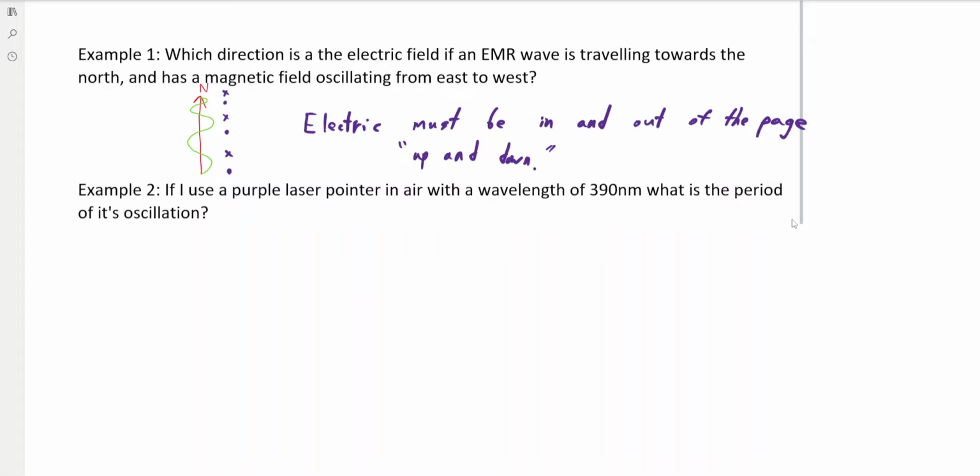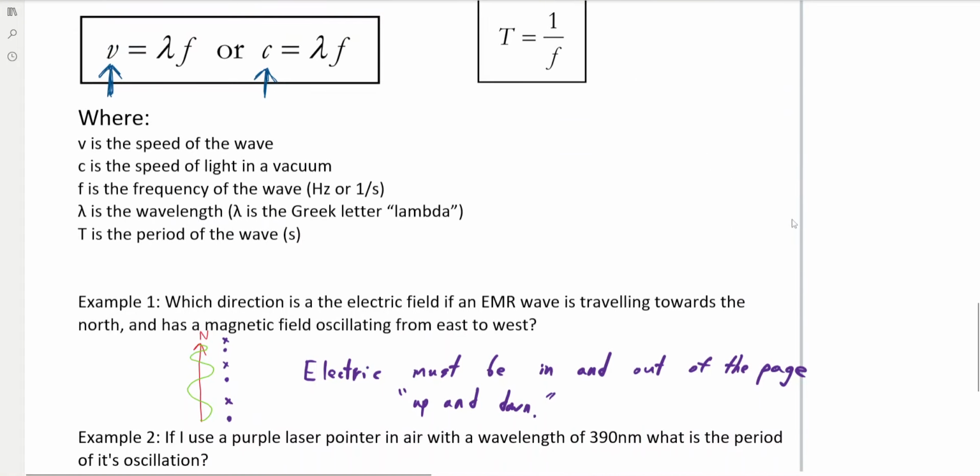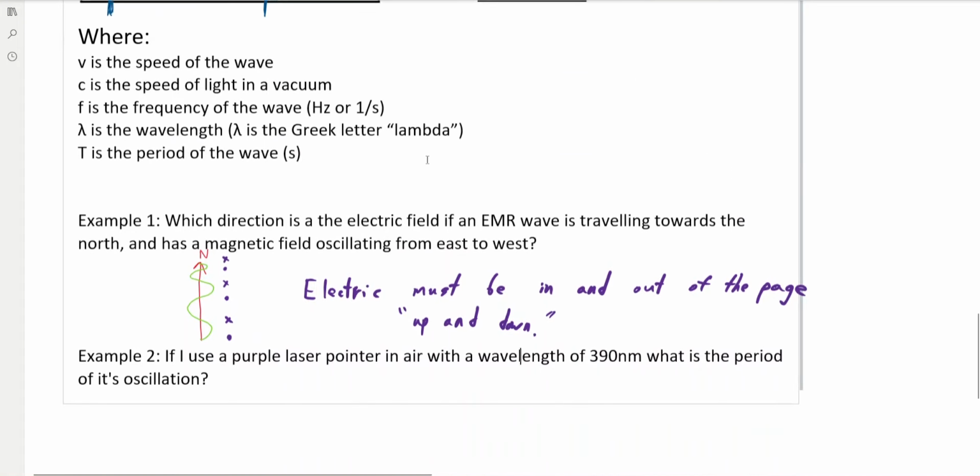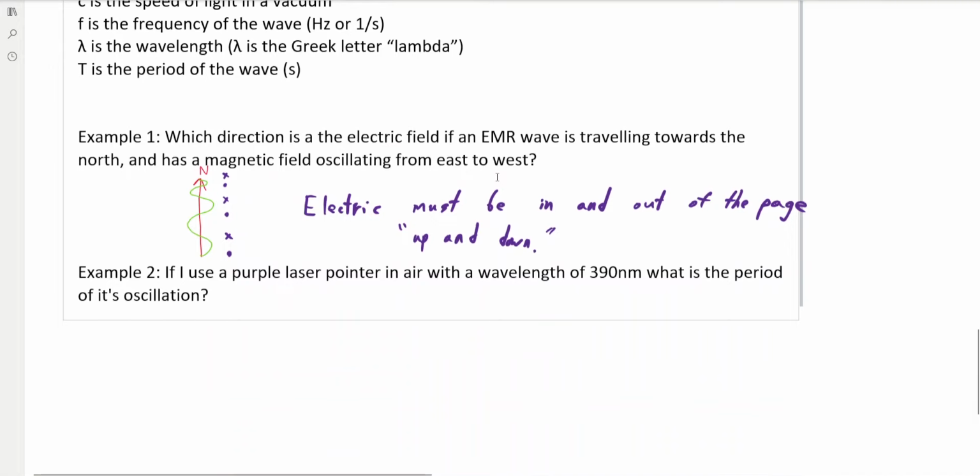Okay, if I use a purple laser pointer in the air with a wavelength of 390 nanometers, what is the period of its oscillation? Okay, so now what we can do is just go up to this formula here, c equals lambda f. We know lambda, so we're just looking for the f.